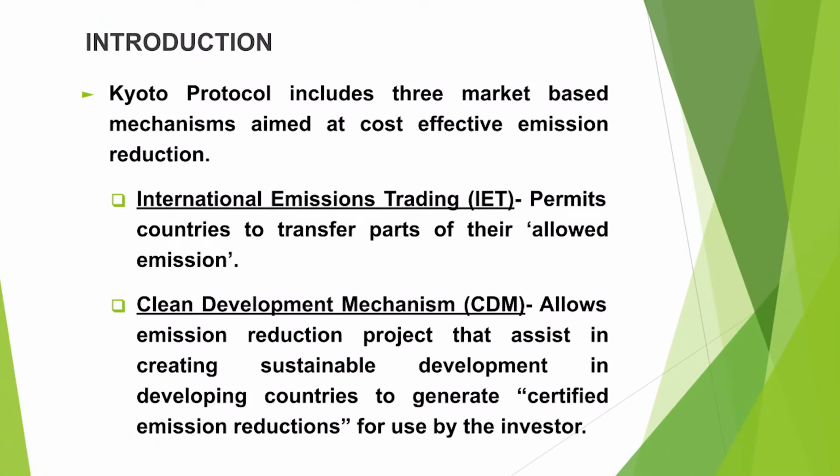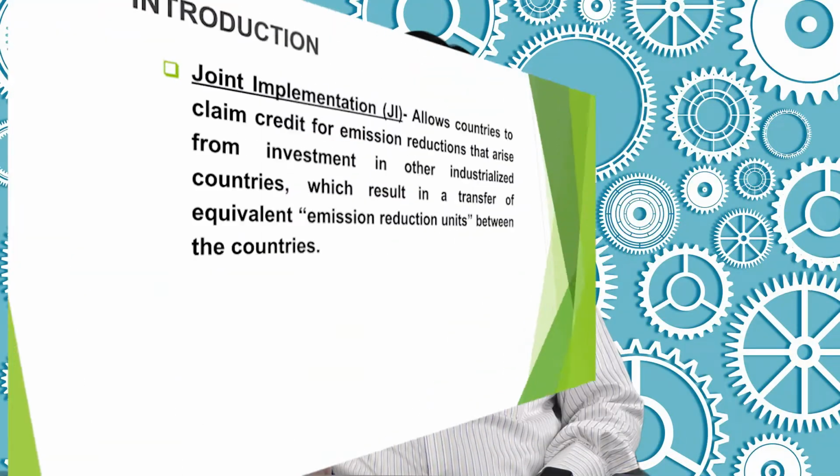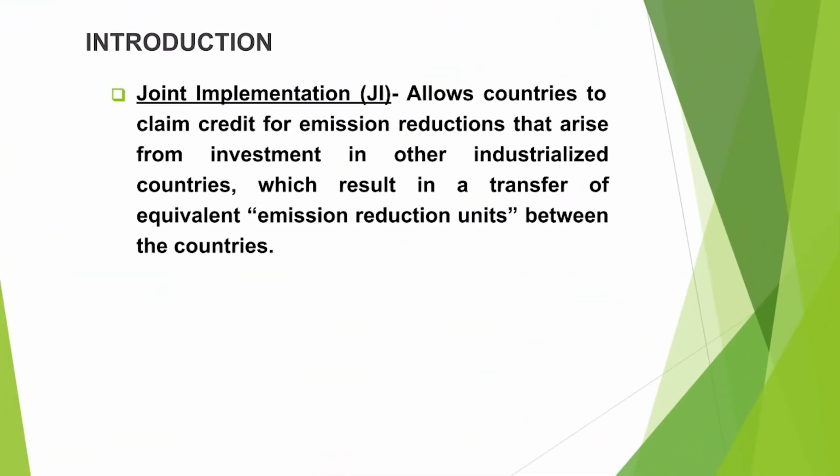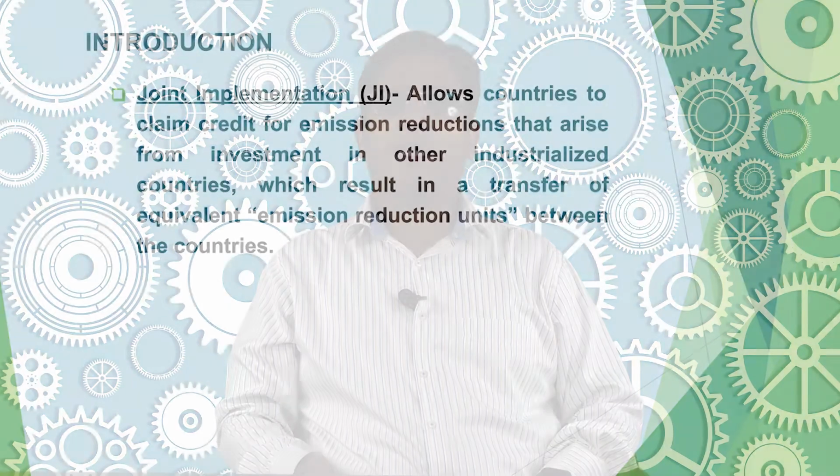It allows emission reduction projects that assist in creating sustainable development in developing countries to generate certified emission reductions for use by the investor. The third one is joint implementation. It allows countries to claim credit for emission reductions that arise from investment in other industrialized countries, which results in a transfer of equivalent emission reduction units between the countries.